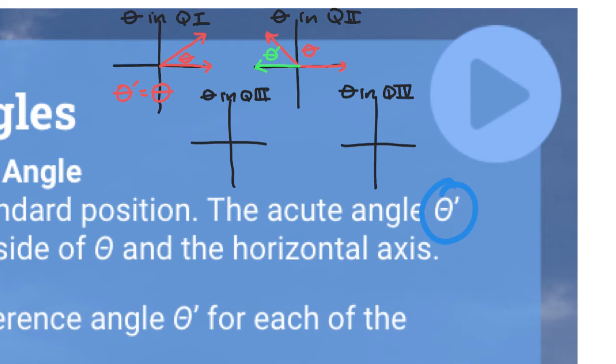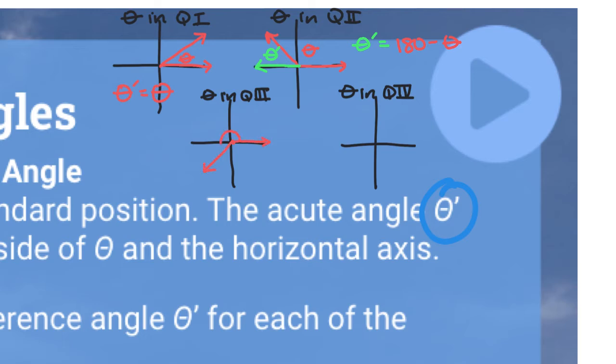So to find the measure of theta prime, that would equal 180 degrees, which is this straight axis on the entire x-axis, minus theta, and that would give you your reference angle.